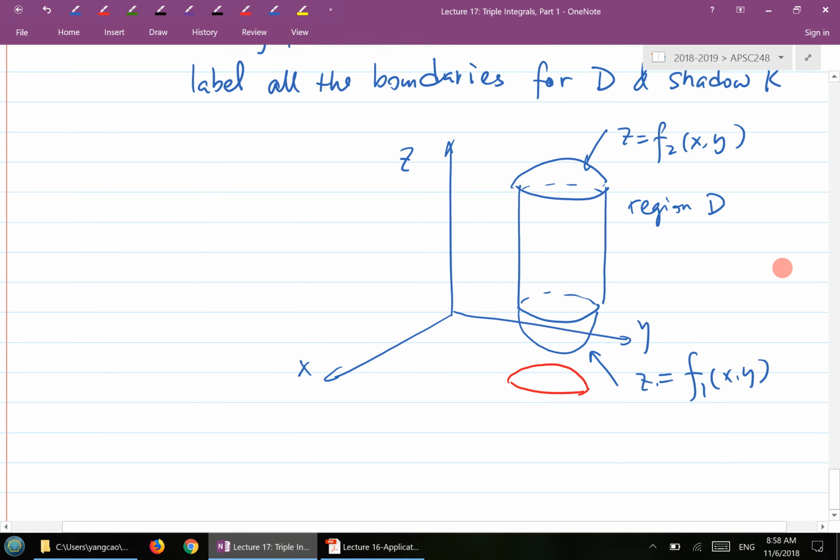And for this shadow, maybe there are two boundaries associated with this shadow R. So let's call this y equal to g2 of x, and the other side is y equal to g1 of x. So when you project everything into the xy plane as a shadow, that's what you get. This is your shadow R here.